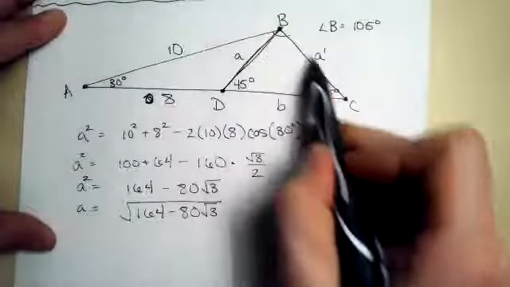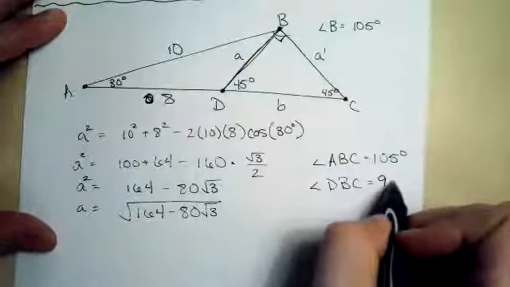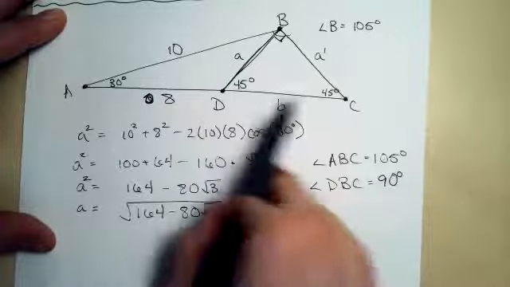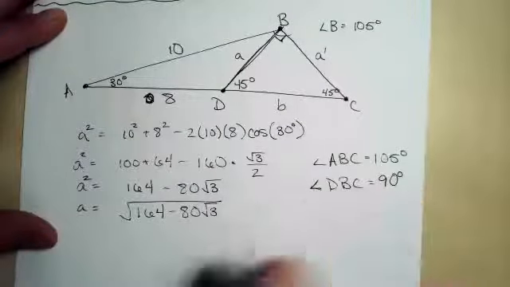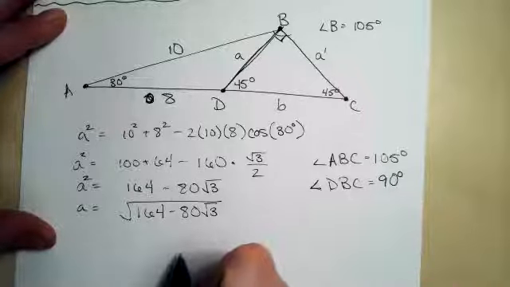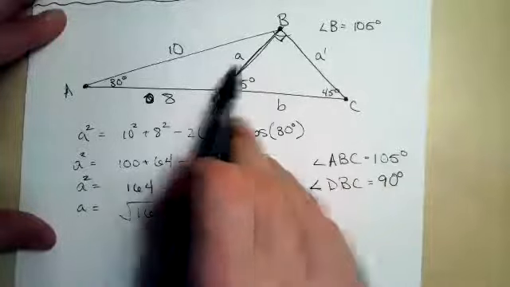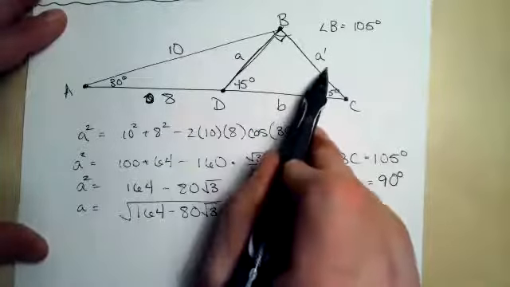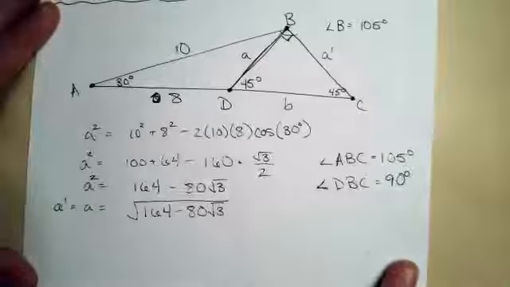It's actually going to be a 90-degree angle because I have a 45-45 triangle in there. So angle DBC is 90. And because these two angles are the same, the two side lengths are also going to be the same. So A and A prime are actually going to be the same length.